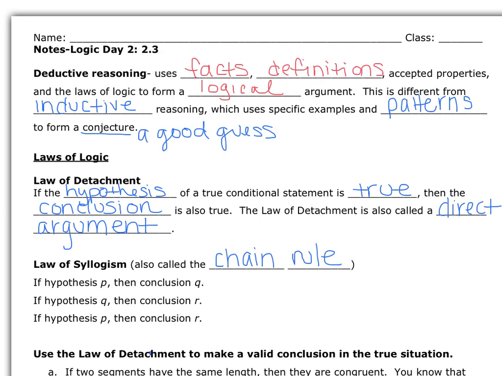A perfect example of the law of syllogism is the DirecTV commercials: if you have cable, then you end up in a roadside ditch. It's not necessarily a sequence of true events. It's just one thing always affecting the next.